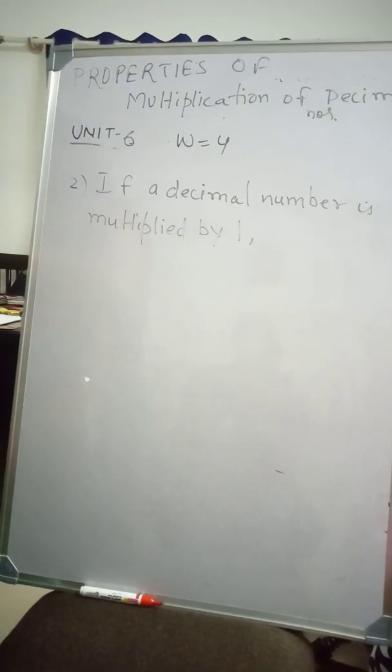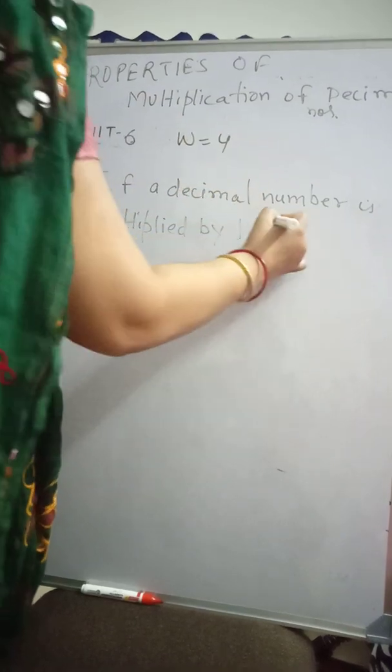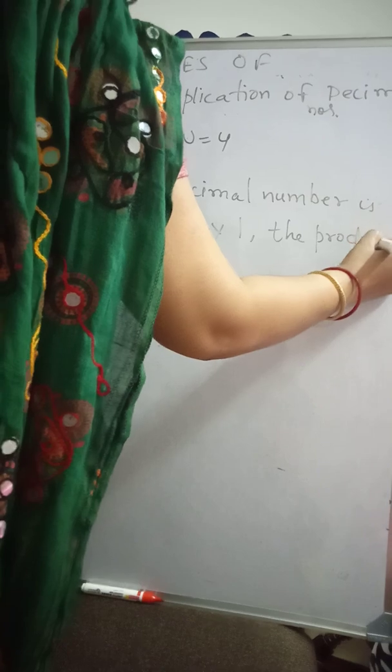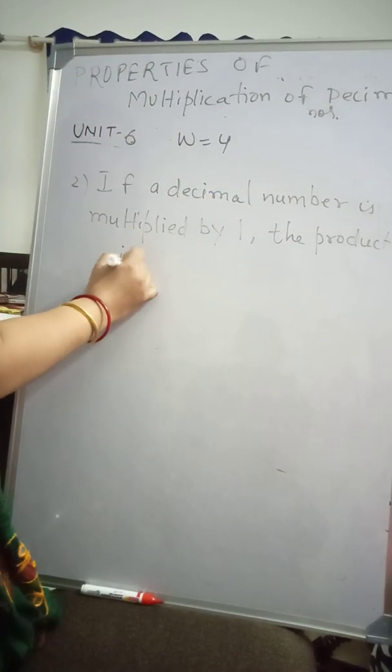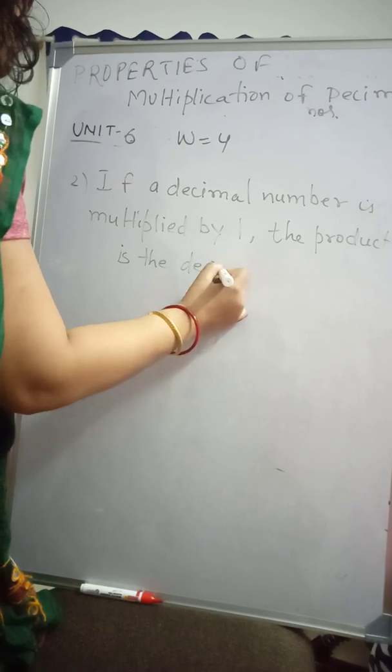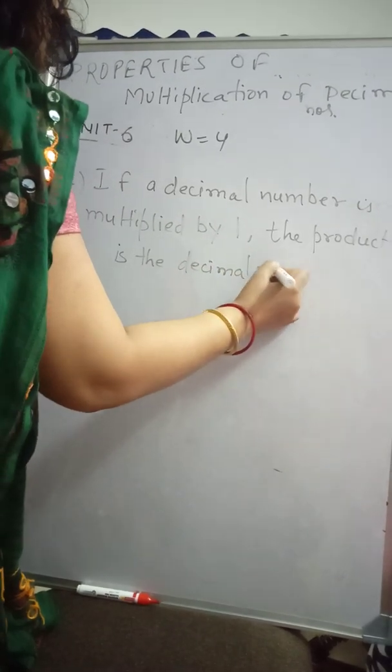The product is the decimal number itself.